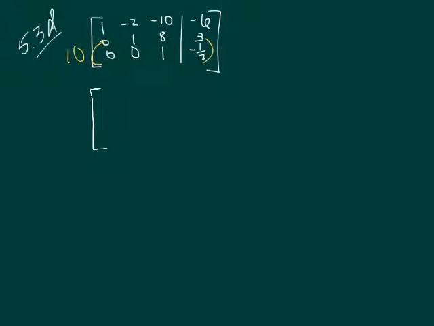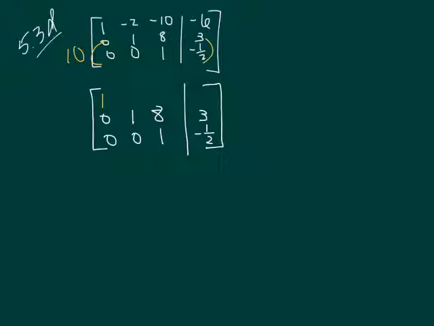So that's what we're going to do here. We're going to make the middle row stay the same. In fact, let's make the middle row and the bottom row the same because we don't have to change those, especially the bottom row. It's already set up. Alright, so let's multiply the bottom row times 10. 10 times 0 is 0, plus 1 gives me a 1.